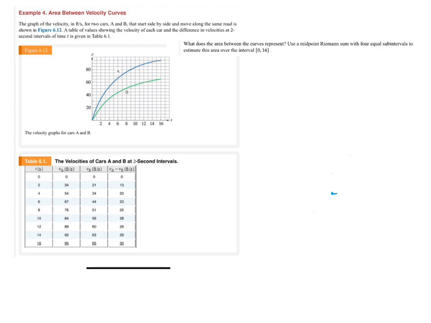Are we understanding? Yes? So we've got to use 4 different subintervals here, going from 0 to 16. If we're dividing 0 to 16 into 4 subintervals, how long is each interval? 4 seconds.